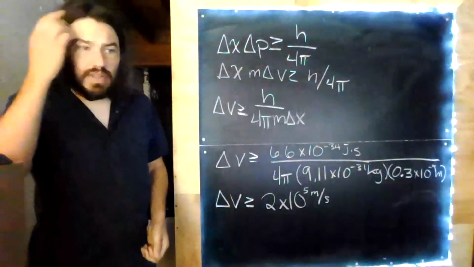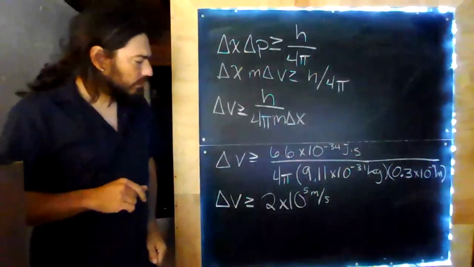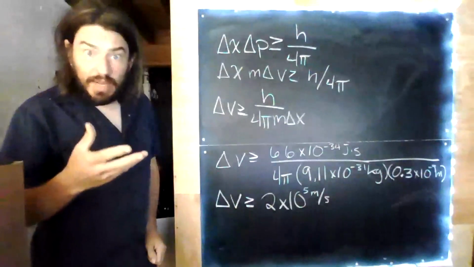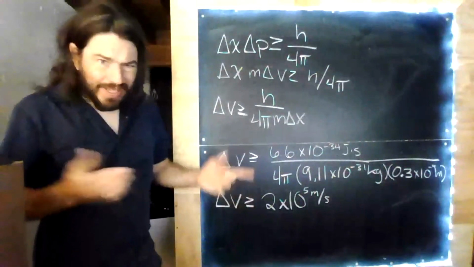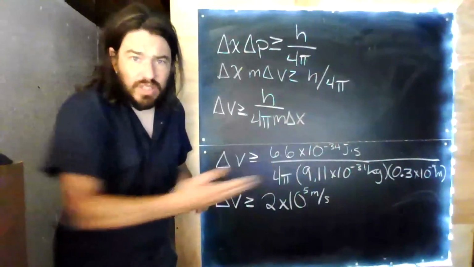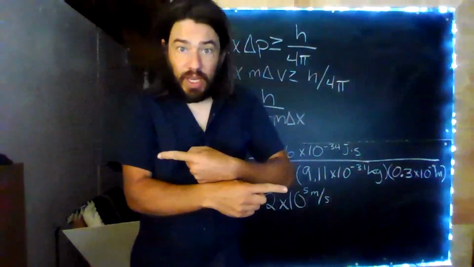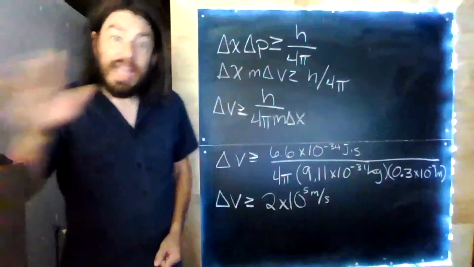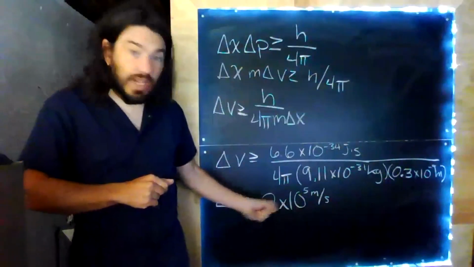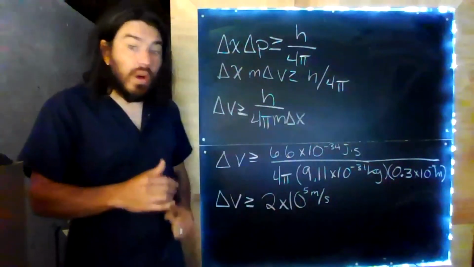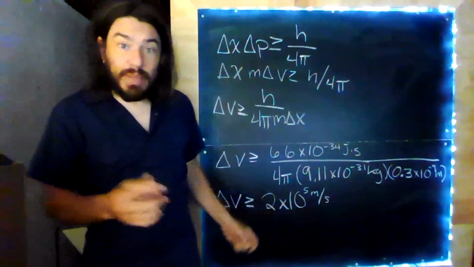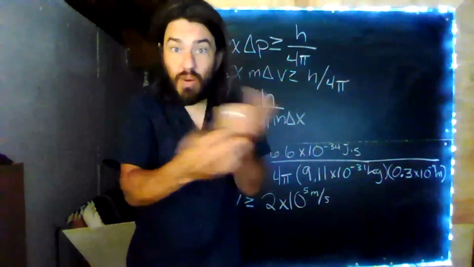But remember that velocity is a vector, and so that includes direction. It's in a box, so we have a one-dimensional problem. But we don't know whether the particle is going that way, or stopped. We have no idea. If our uncertainty is 2 times 10 to the 5th meters per second, we really need to center this on 0, because we don't know if it's going that way or that way.